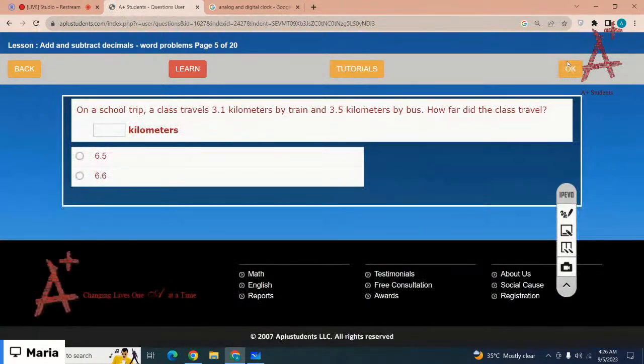On a school trip, a class travels 3.1 kilometers by train and 3.1 kilometers by bus. How far did the class travel?